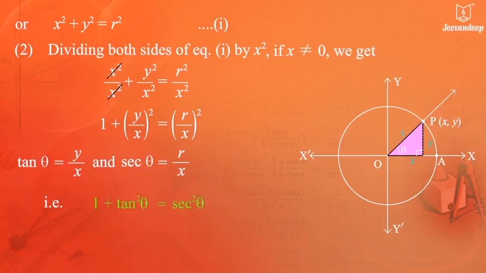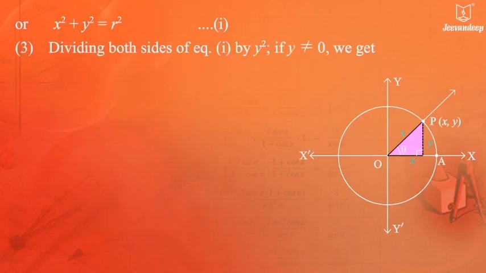By rearranging the equation, we get sec square theta minus 1 equals tan square theta, or sec square theta minus tan square theta equals 1.